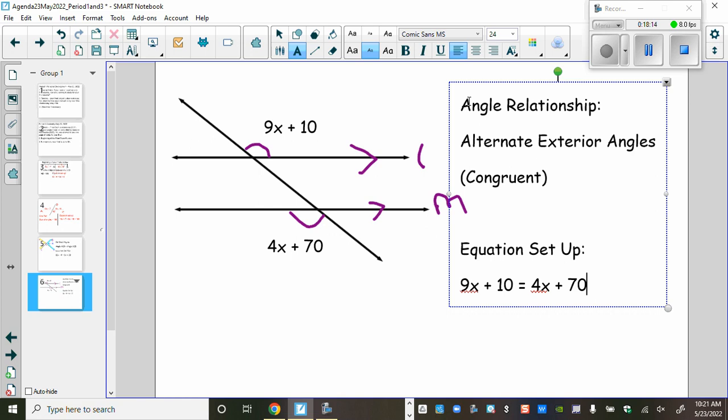There you go. That's your equation setup, and now you're at the point where you can solve for x. Okay, questions on this type of problem?